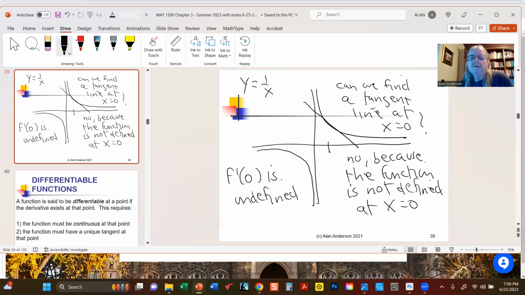But for 0 itself, since the vertical axis is an asymptote, the function is undefined. You recall that the domain does not include the 0. And that implies that the function can't have a derivative at x equals 0, but it will have one everywhere else. So we have to be careful. Not every function can be differentiated or have the derivative taken at every single point.